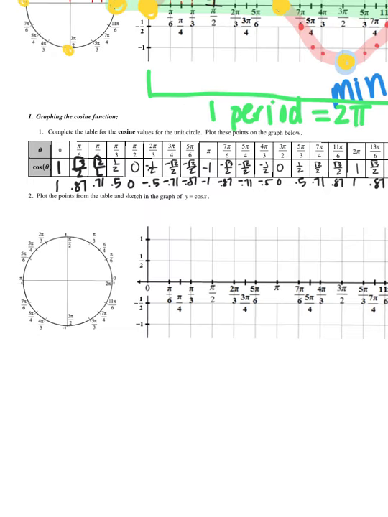Alright, so in the future, when we're going to graph cosine, it's going to be just like sine, where we're only going to graph those 5 critical points, which are at 0, pi over 2, pi, 3 pi over 2, and 2 pi. And again, where I got those from, they are all of my quadrantals on my unit circle.